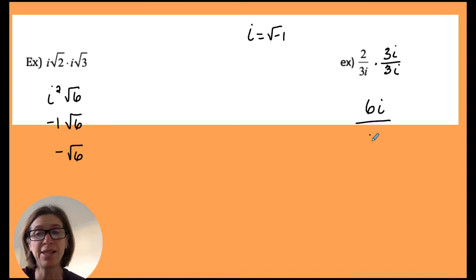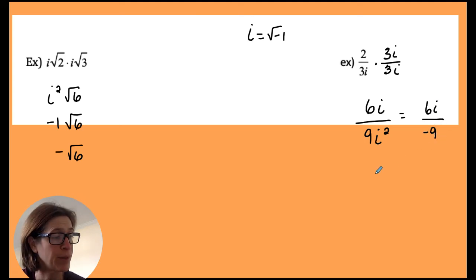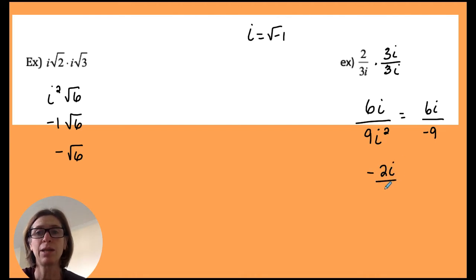I squared is -1, so this is going to give me 6i all over -9, and then I can simplify that to -2i over 3. Now, some students will say to me, can I multiply by -3i, like a conjugate? Yes, you absolutely could do that. You'll get the same answer in this case.